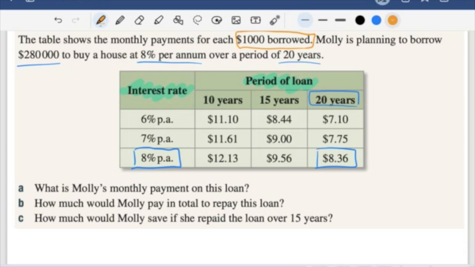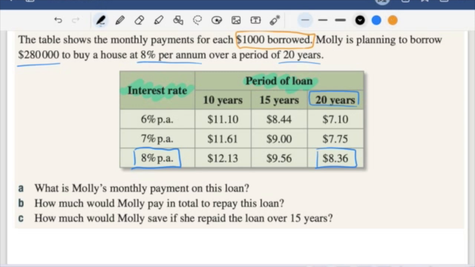So once we find out how many times 1,000 goes into 280,000, we can just multiply that by $8.36 to find what the monthly repayment is going to be on that higher amount of money.